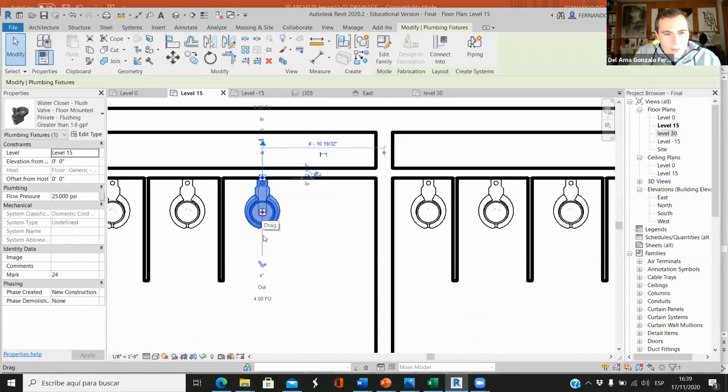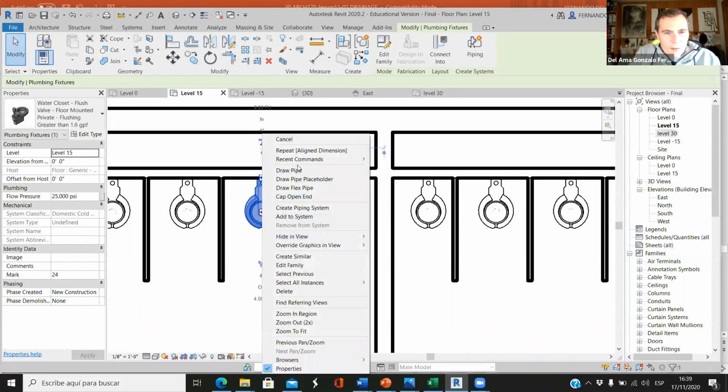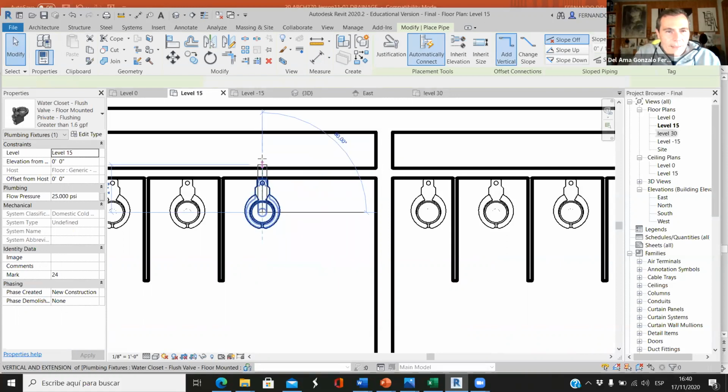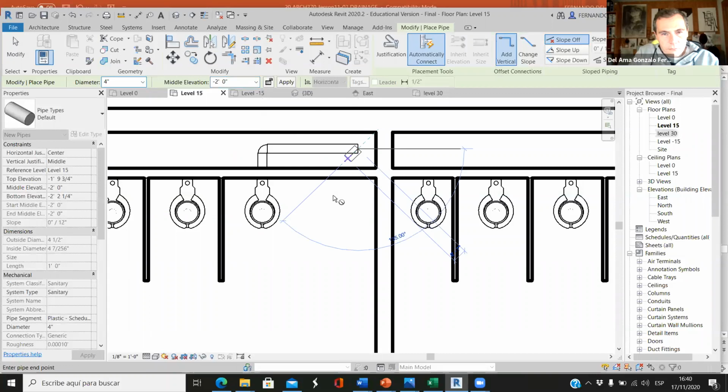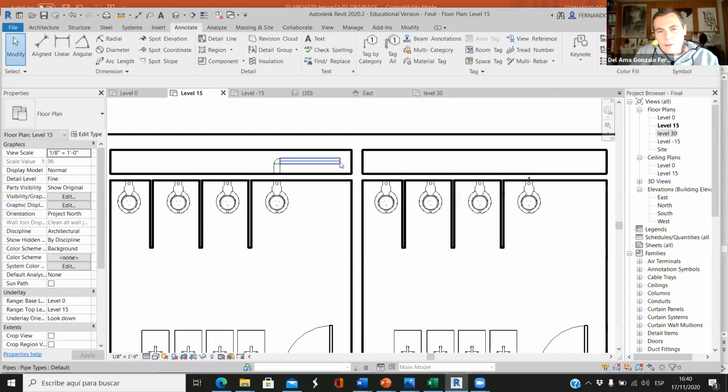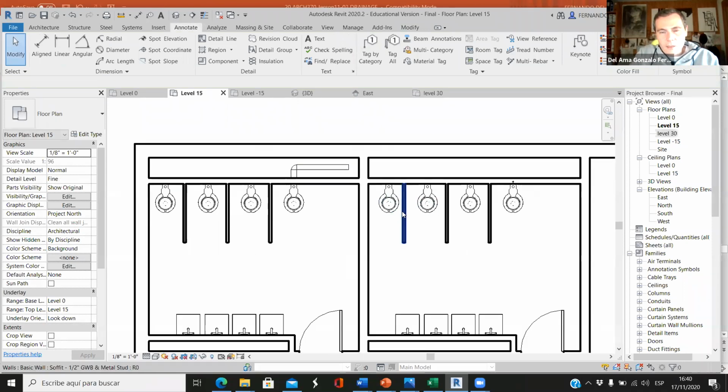So let's do it. We have to go down from these fixtures, from this drainage. We draw pipe, and now we have to change the elevation. The elevation is not 0. We can go negative 2 feet. There you go. So there will be a vertical stack here.